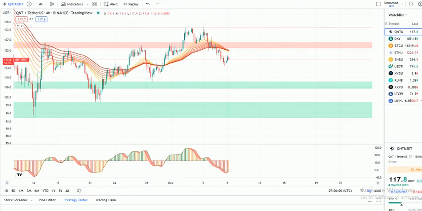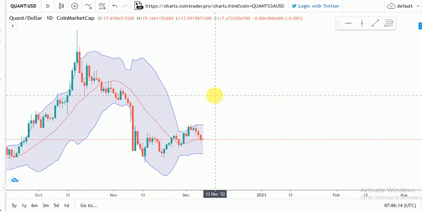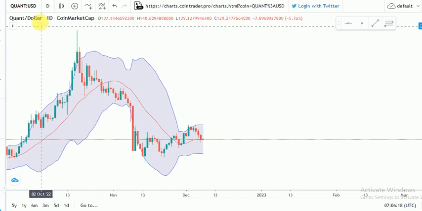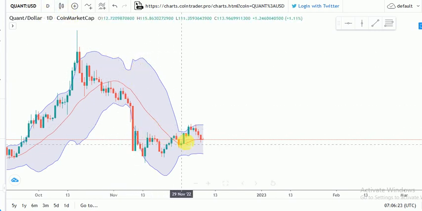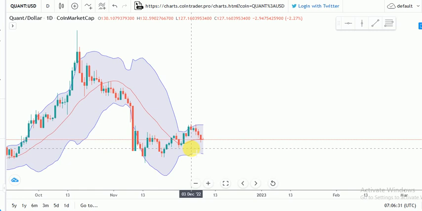If we look at this other chart, just to get a hint, because we want to look at a lot of charts to get a very perfect understanding, this is on the daily time frame. As you can see, we just broke the Bollinger Band, so we probably should expect further downward price action, probably to around the 109, 108 region.